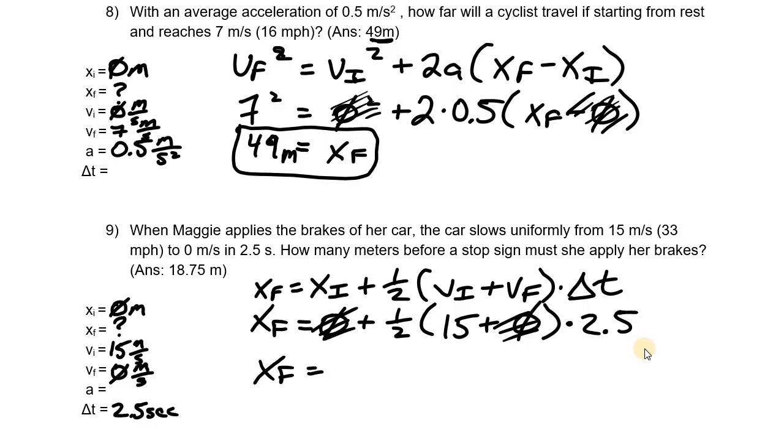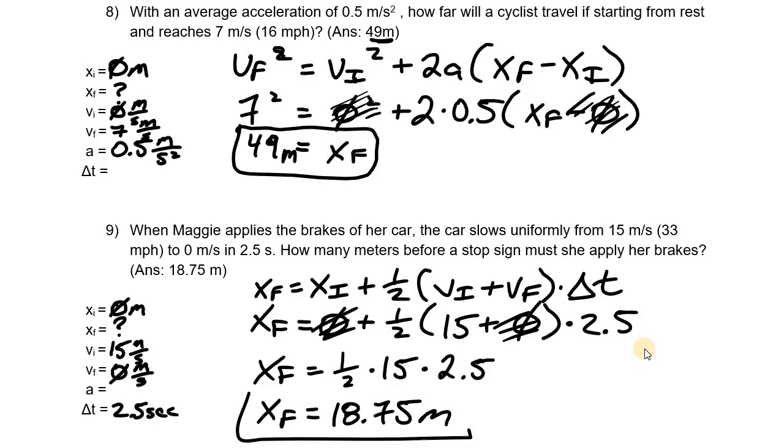You plug that in the calculator, 1/2 times 15 times 2.5, and we will get our answer. XF is equal to 18.75 meters. All right, and that's problem number 9.